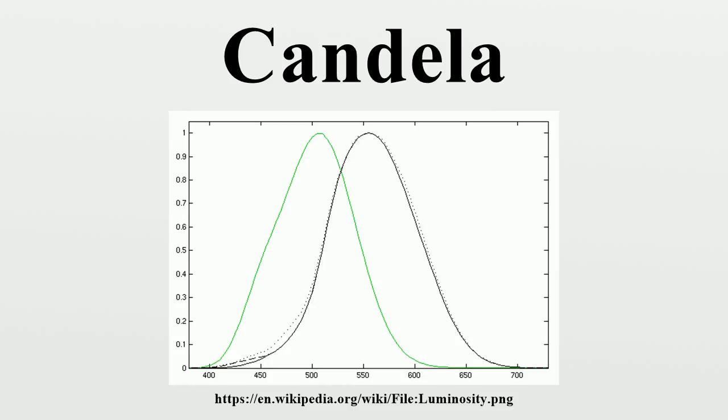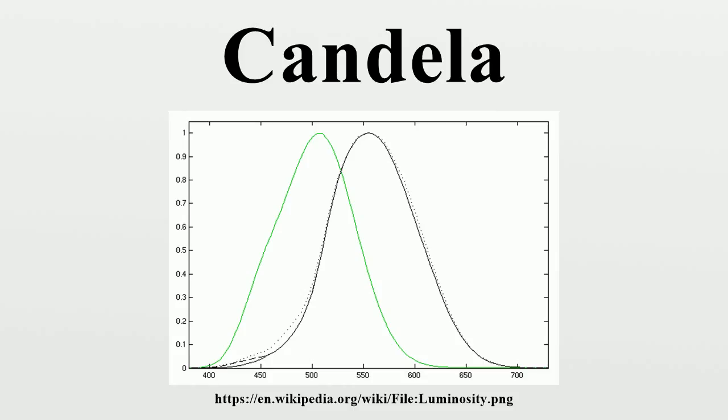The candela is the luminous intensity, in the perpendicular direction, of a surface of 1/600,000th square meter of a black body at the temperature of freezing platinum under a pressure of 101,325 newtons per square meter.